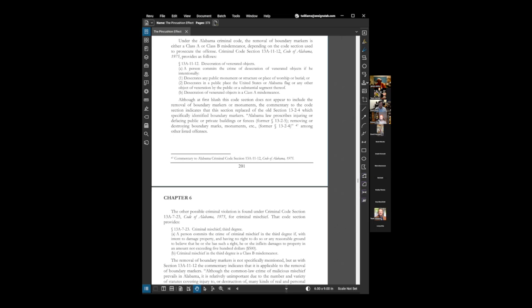And if you don't ask for it in the pleadings, the court's not going to give you that authority. So it's really important that you work with the attorney if you want to get rid of those erroneous corners. And that's the one exception I want to make on pulling corners.